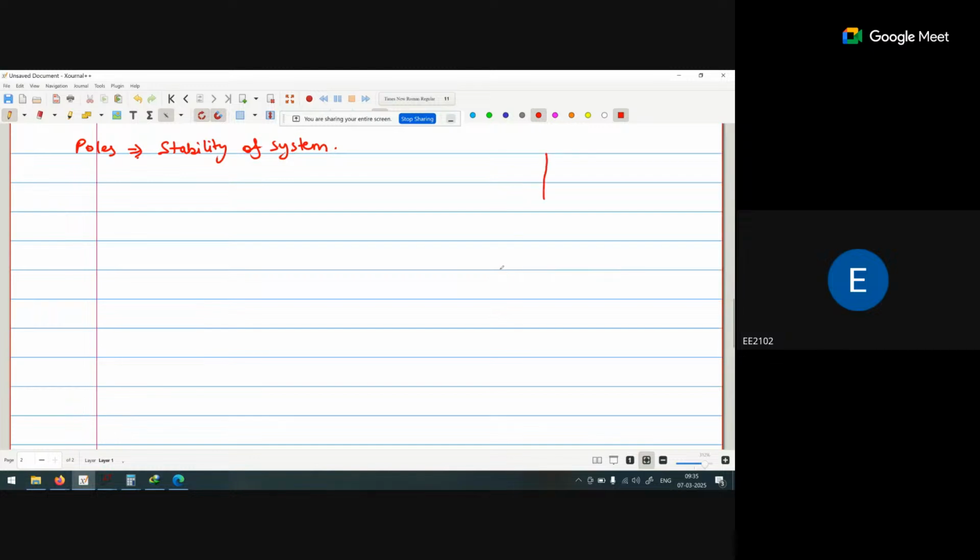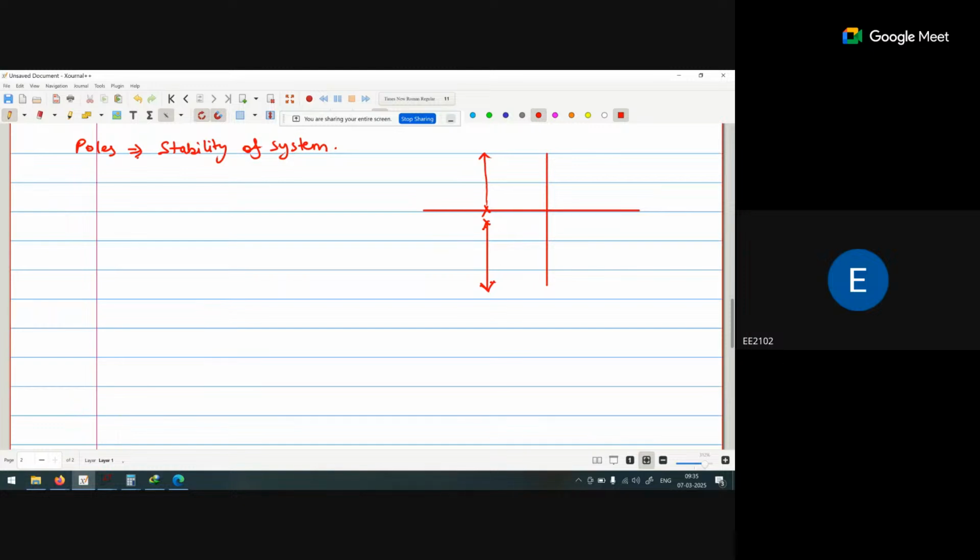So basically, what the root locus says is that if we have poles, for example two poles, these poles will terminate on the zeros. Now, where are the zeros available? Zeros are available at infinity. So these poles terminate on the zeros, and those zeros will be available at infinity.